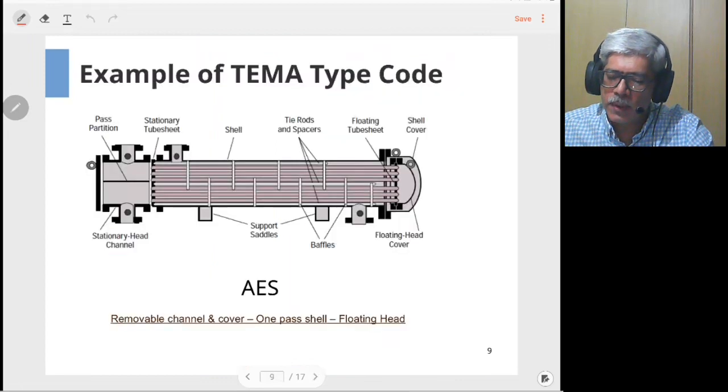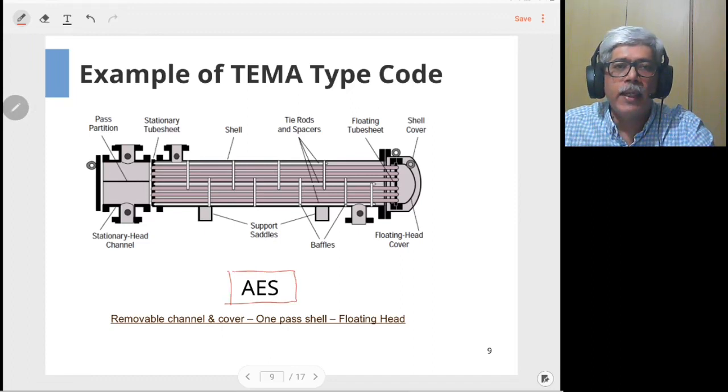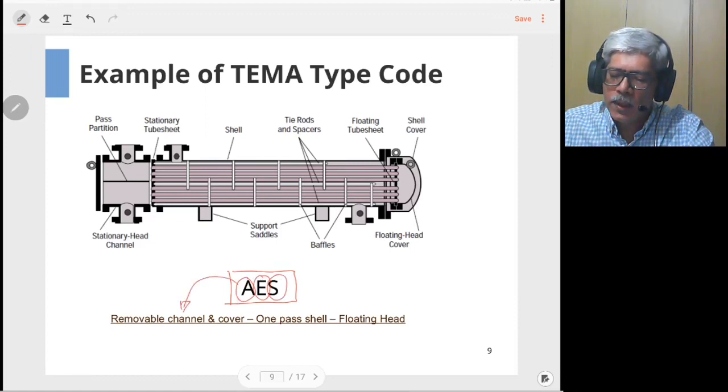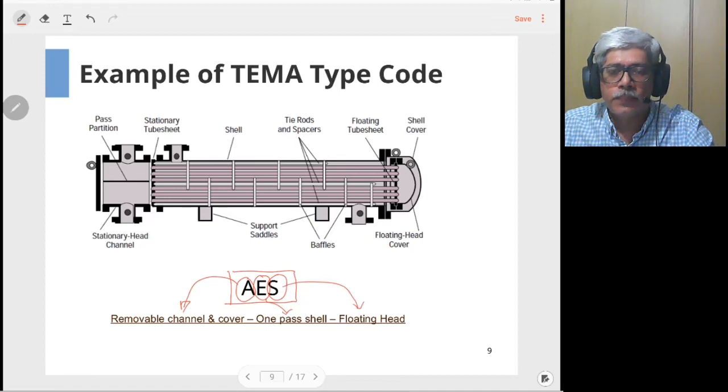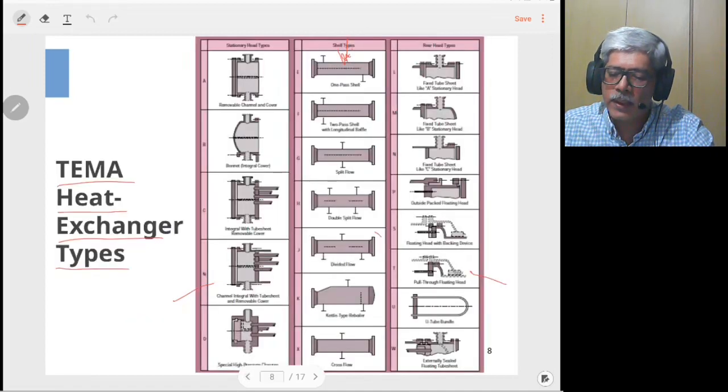So for example, the exchanger which is shown in this particular figure would be termed as TEMA type AES. The letters A, E and S correspond to: A is removable channel and cover, E corresponds to single pass shell, and S corresponds to floating head. If you refer to the previous slide, you will get the codes corresponding to AES.